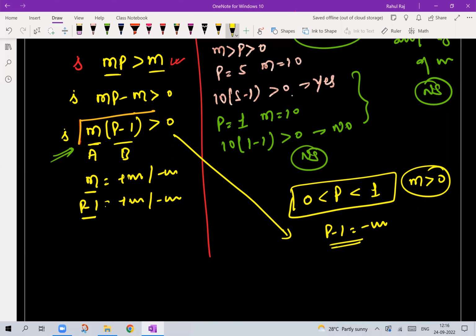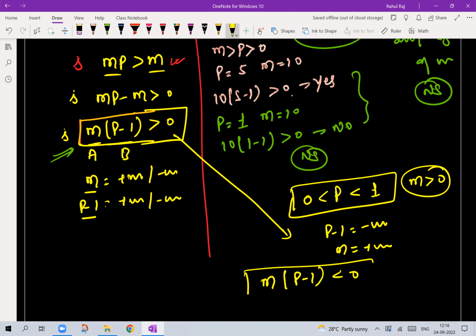So when P lies between 0 and 1, can I 100% say the sign of P minus 1 is always negative? And M is anyway positive, given to you. So my question was, is M into P minus 1 greater than 0? But when I combine, I'm getting M into P minus 1 is always less than 0.